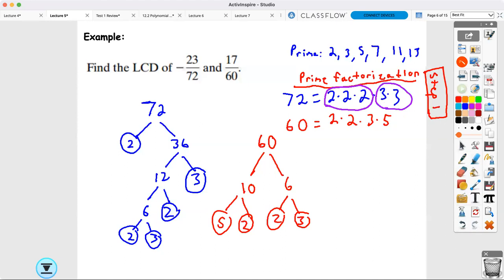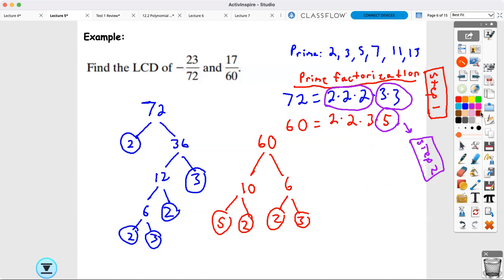Did I circle each different prime factor, or am I missing one still? The 5. And notice how only one has the 5, so we just circle that 5 by itself, all solo. This circling is step 2 of the method.